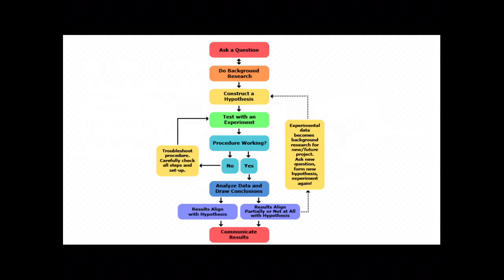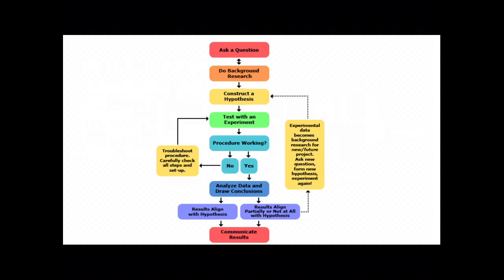If not, then you're going through that troubleshooting route of trying to fine-tune the experiment so that the procedure that you're doing does work, or that you can change the procedure to something that does work. But once you have a procedure that's working and you're getting information, then you're going to analyze that information and draw some conclusions. And so the conclusions that you're going to draw either align with your hypothesis, or partially align with your hypothesis, or do not align with your hypothesis.